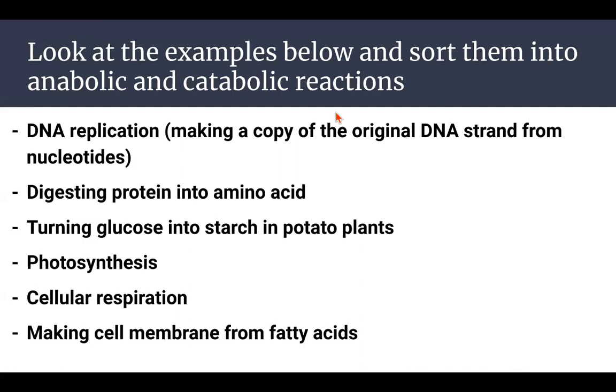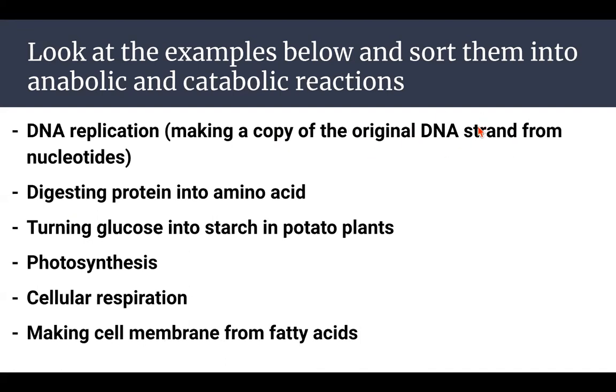The first one, DNA replication. That's basically making a copy of your original DNA strand from nucleotides. Nucleotides are the monomers in nucleic acid. If you remember from Unit 1, nucleic acid is one of the 4 biomolecule categories.